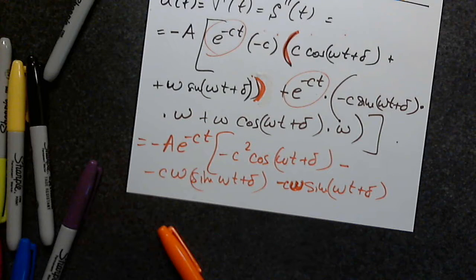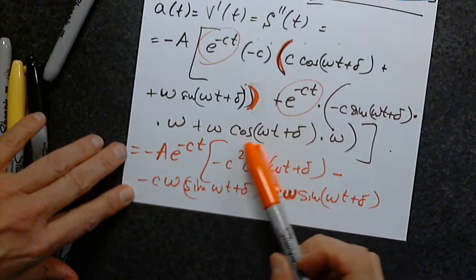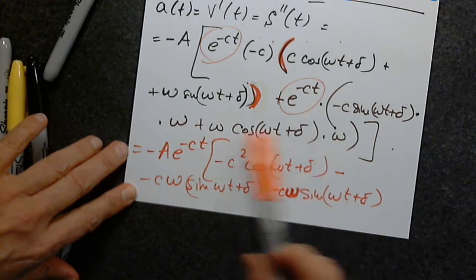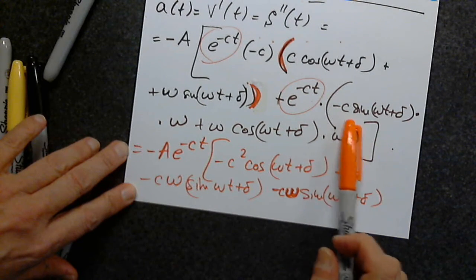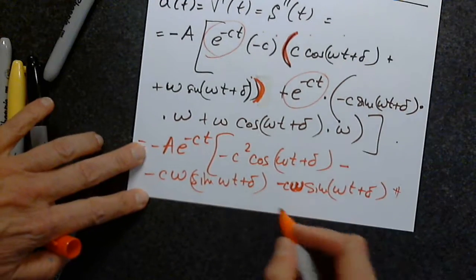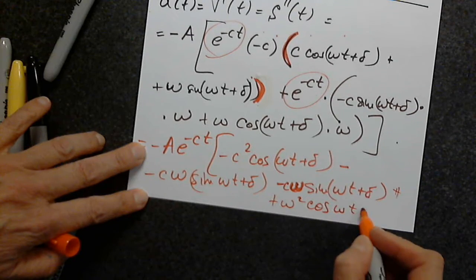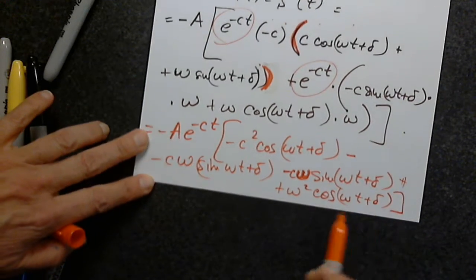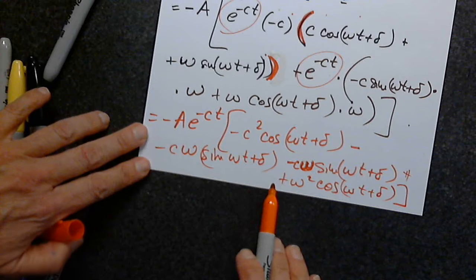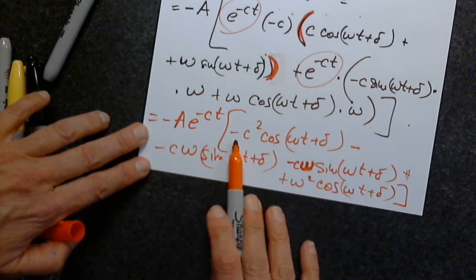So now I have, what else do I have? So this is negative c omega, and this is omega squared plus omega squared cosine omega t plus delta. So the only thing I can do here is combine these two and pull out another negative.